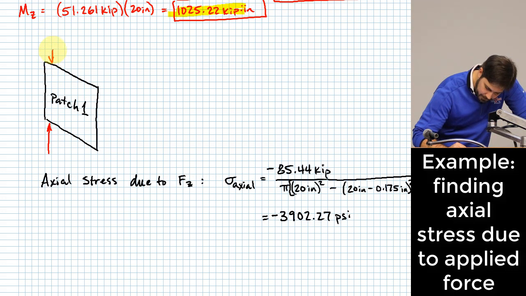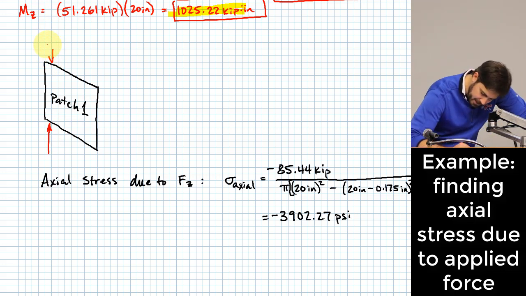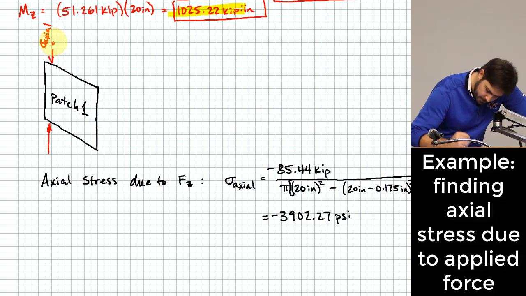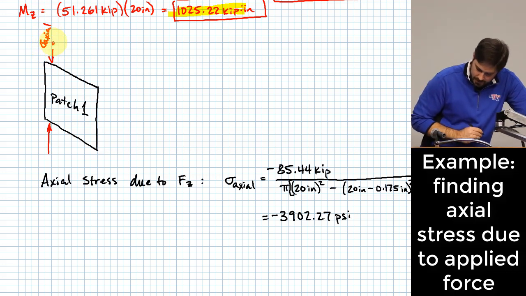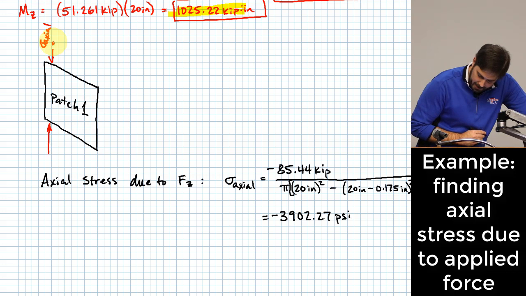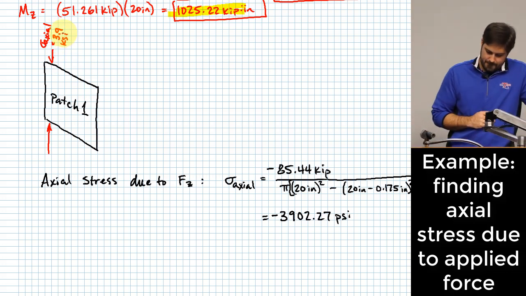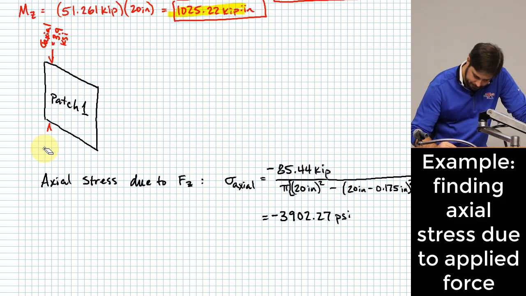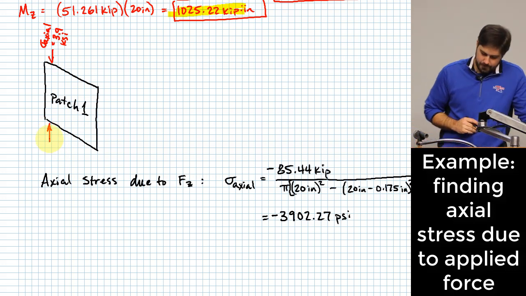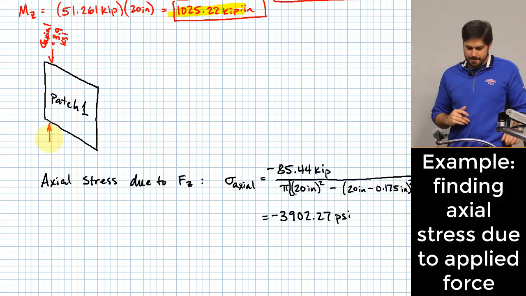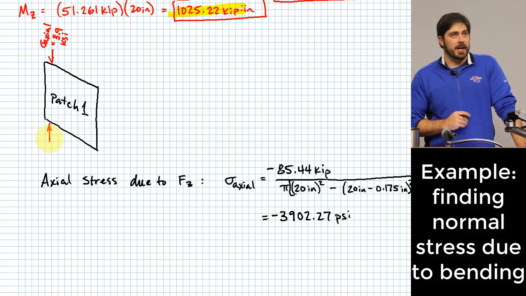All right. So here, the axial stress is going to be 3.9 KSI. All right, good deal. What next?